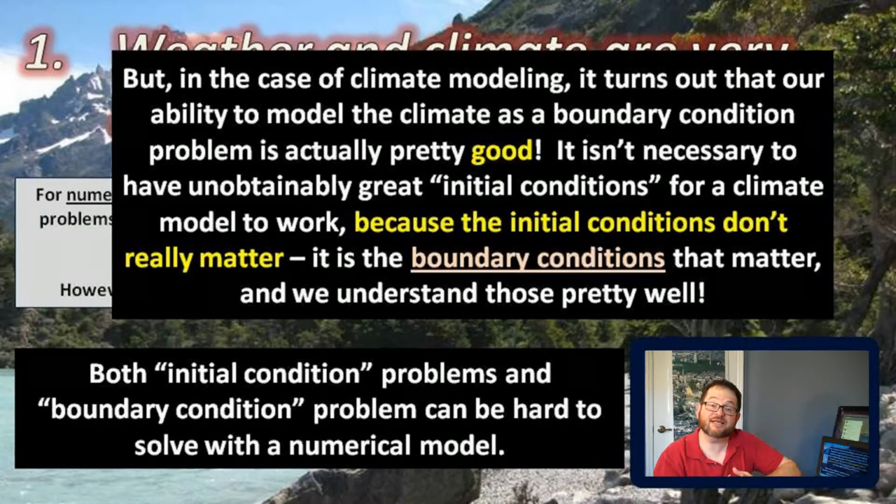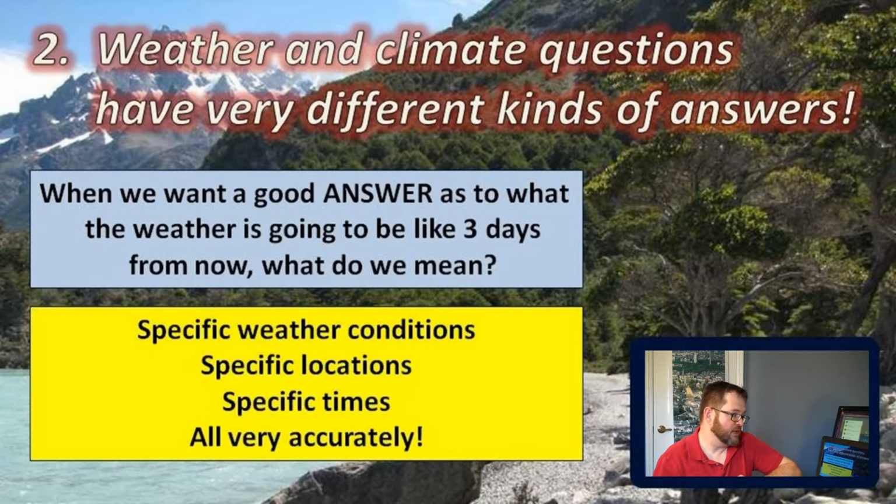But the 2 models will in fact have basically the same climate. If I run them with the same boundary conditions, the global mean temperature in the 2 runs will be basically the same. The boundary conditions are what's determining the climate, not the initial conditions. That's really good news.